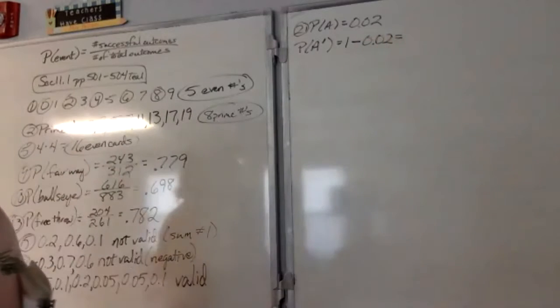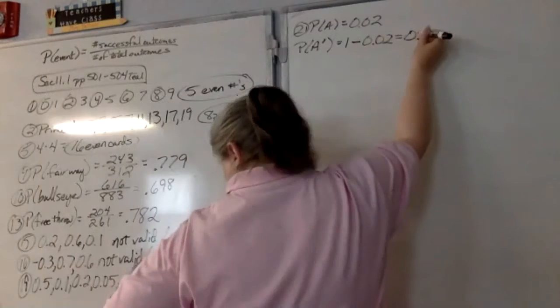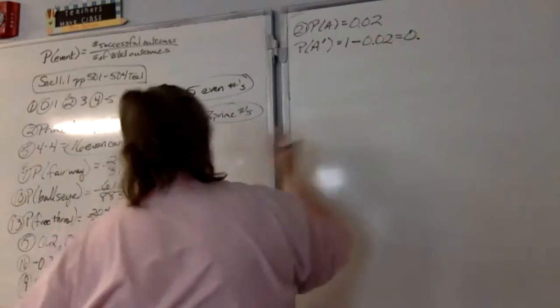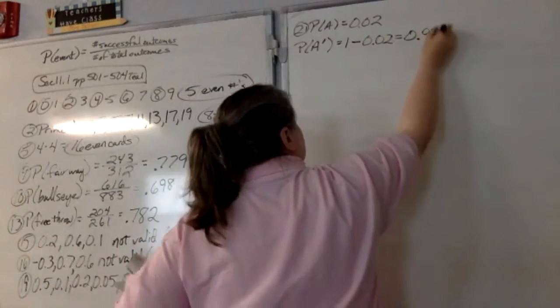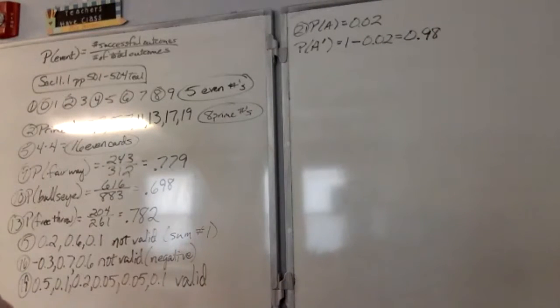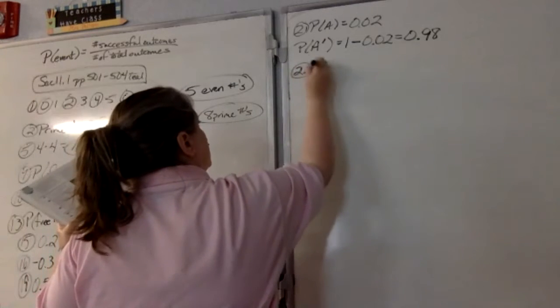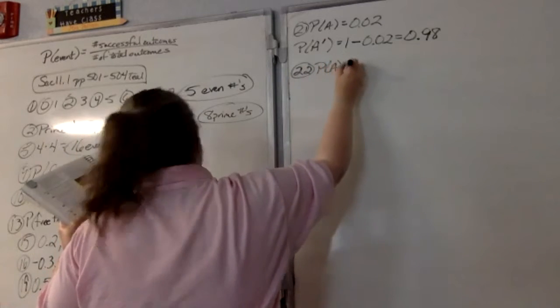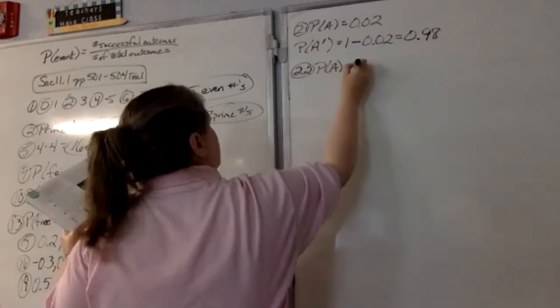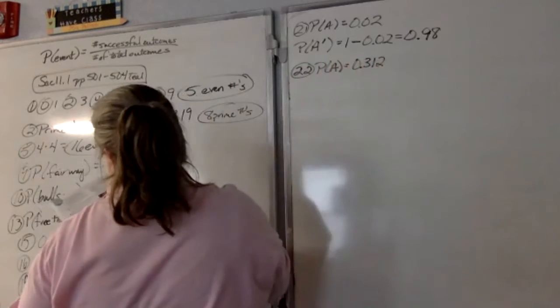And so what's my answer going to be? 0.98. And that's all you do on these, okay? You take 1 minus the probability that they have. Number 22, it gives you that the probability of A is equal to 0.312.